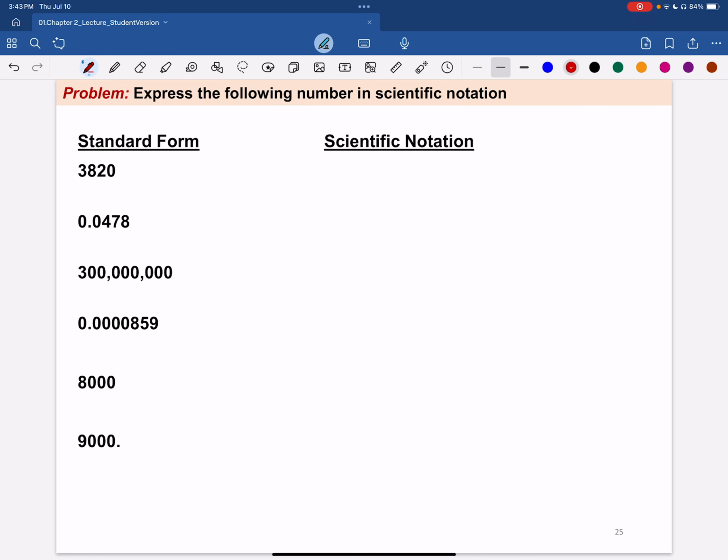Put the decimal right after the first non-zero digit, here after 3, so we have 3.820 times 10. 1, 2, 3. The number is larger than 1, so the exponent will be positive, and we have moved 3 places, so 10 raised to the power of 3.